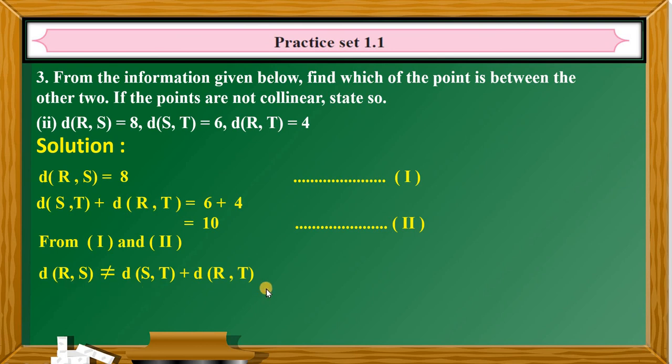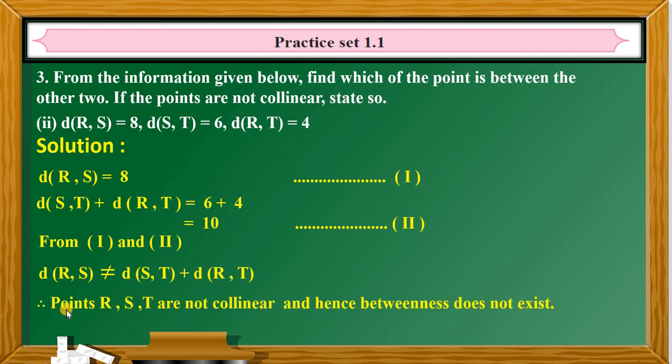So if the points are not collinear, betweenness will also not exist. Okay, so we write this statement: Points R, S, T are not collinear and hence betweenness does not exist. So here if they are not collinear, we don't have to draw the line. Clear, students? Let's go to the next question.